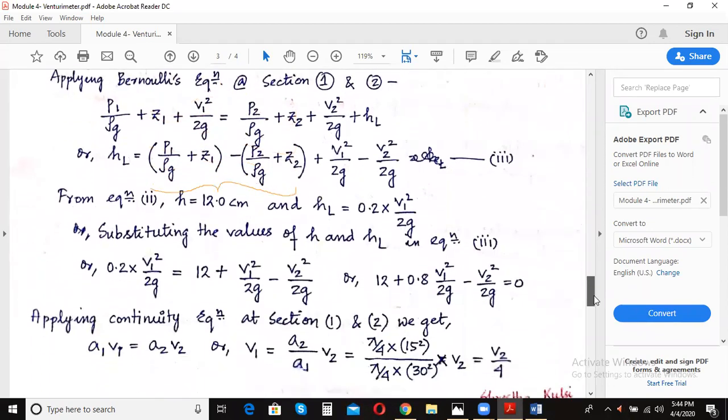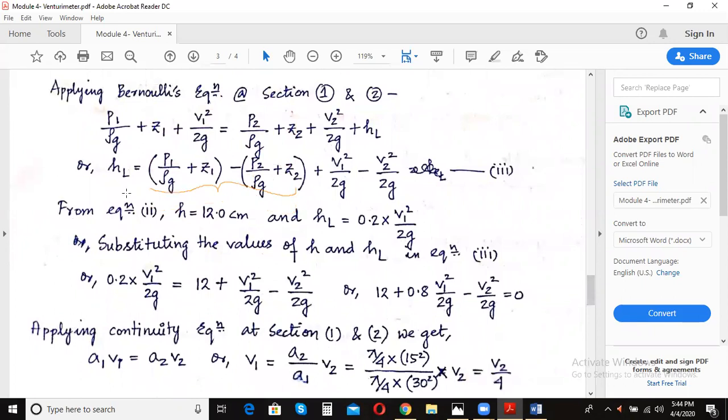We have HL as 0.2 times V1 square by 2G, and H is equal to 12 centimeters. So we put the values in this big expression, and we will finally get an expression that looks like this. In place of HL, we substitute 0.2 times V1 square by 2G.